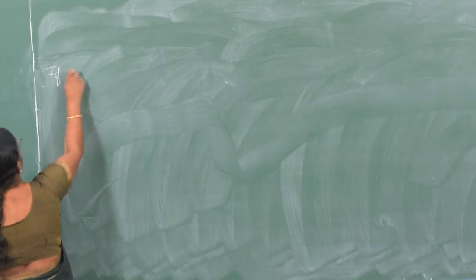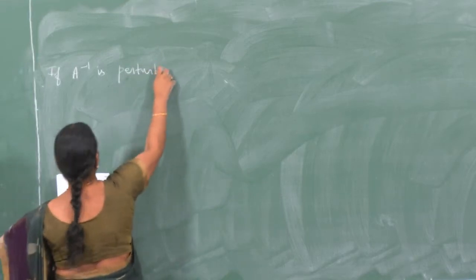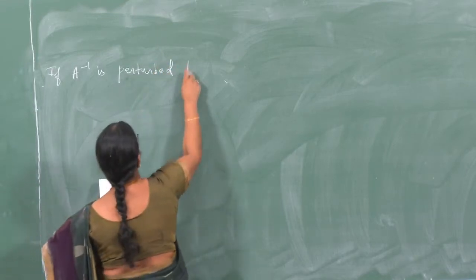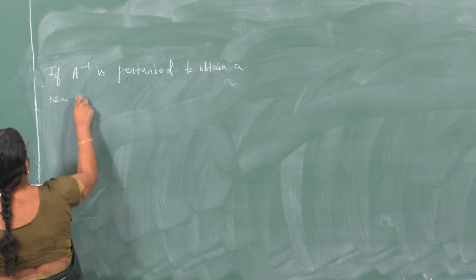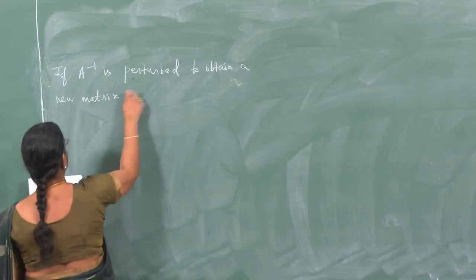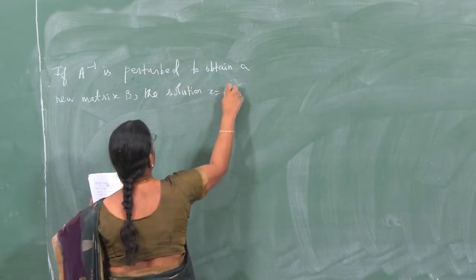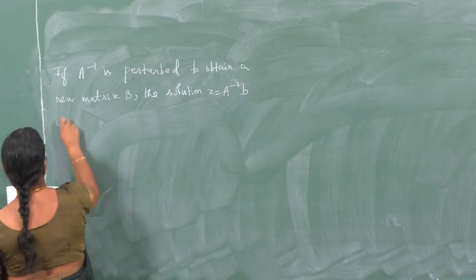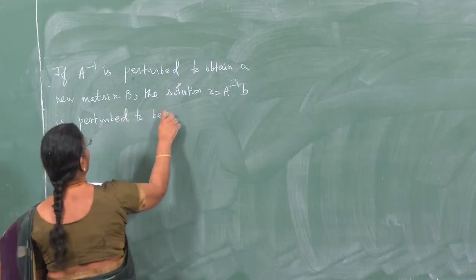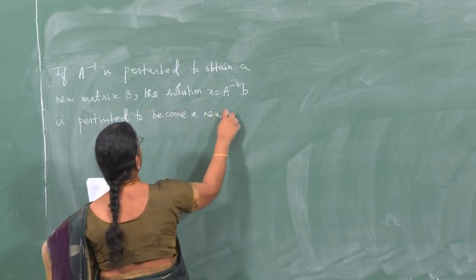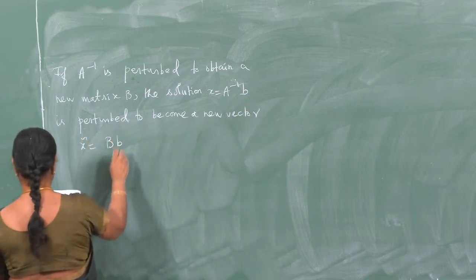Suppose A inverse is perturbed to obtain a new matrix B, the solution x equal to A inverse b is perturbed to become a new vector x tilde, which is B into b.